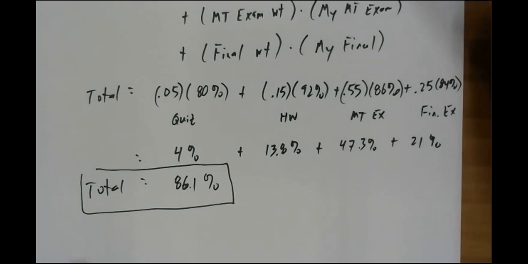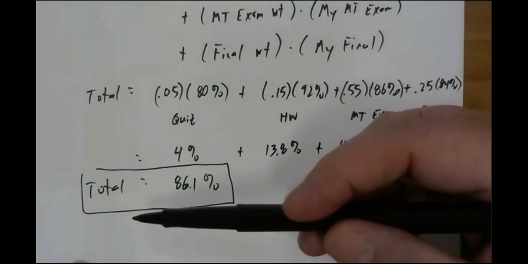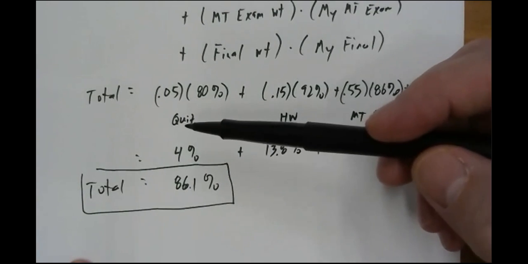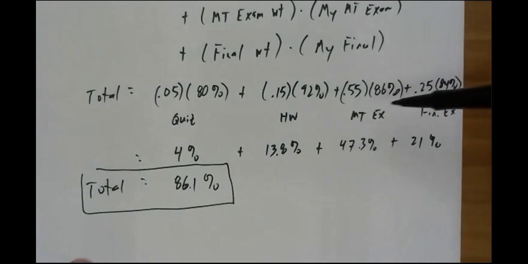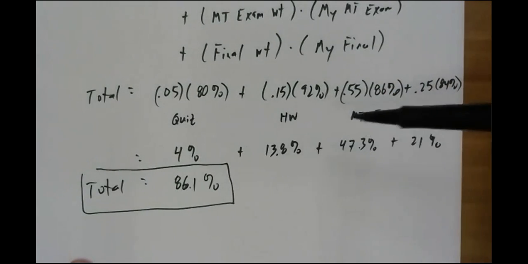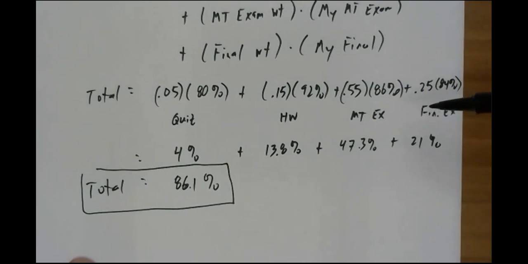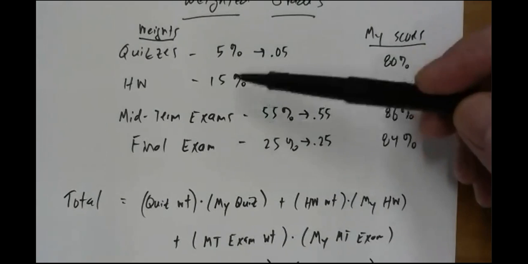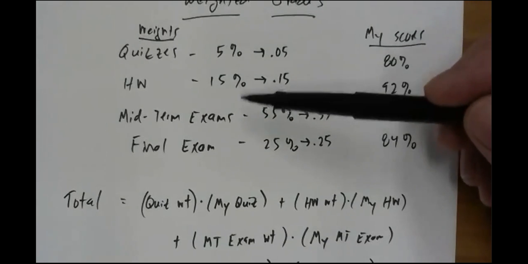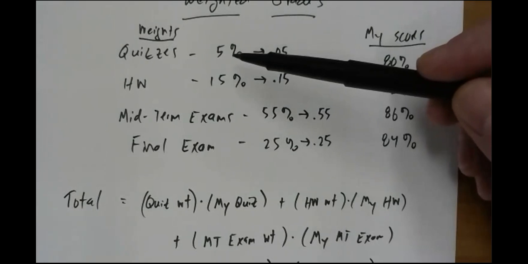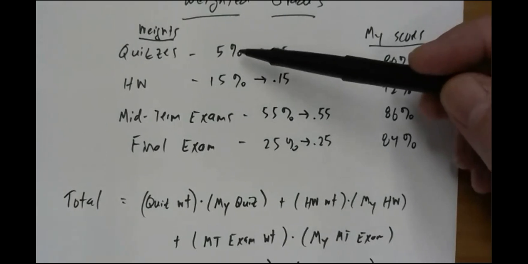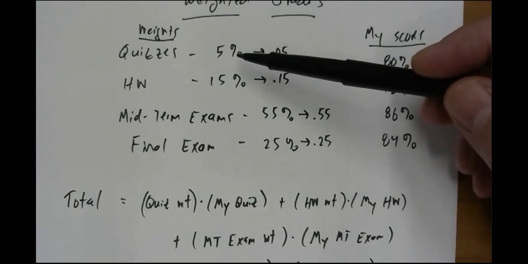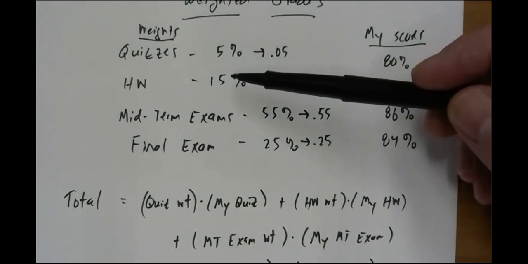So just to review, the way it calculates your total grade, you need two things. You need the weight of each group: the weight for the quizzes, the homework, the midterm, and the final exam. And here are the weights that we found up in the upper right corner of our grade book. You could think of weightings as deciding what they want to be the most important things in your grade.